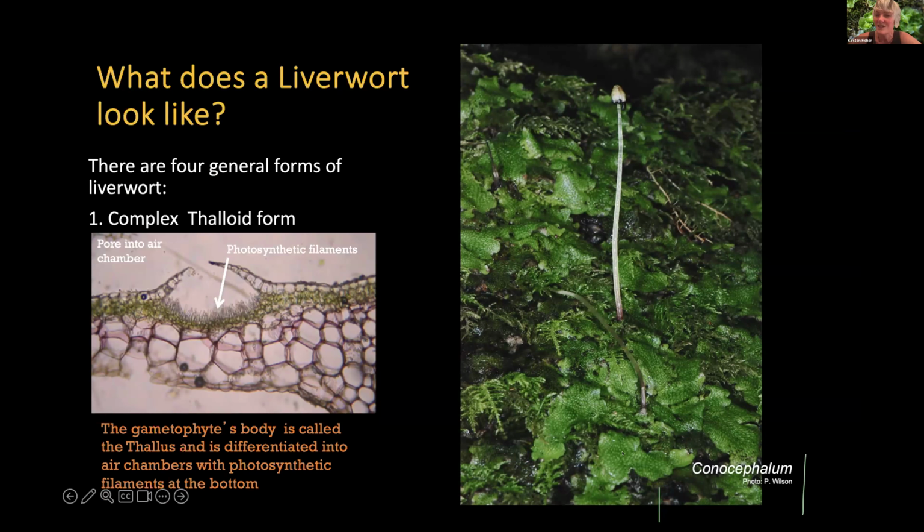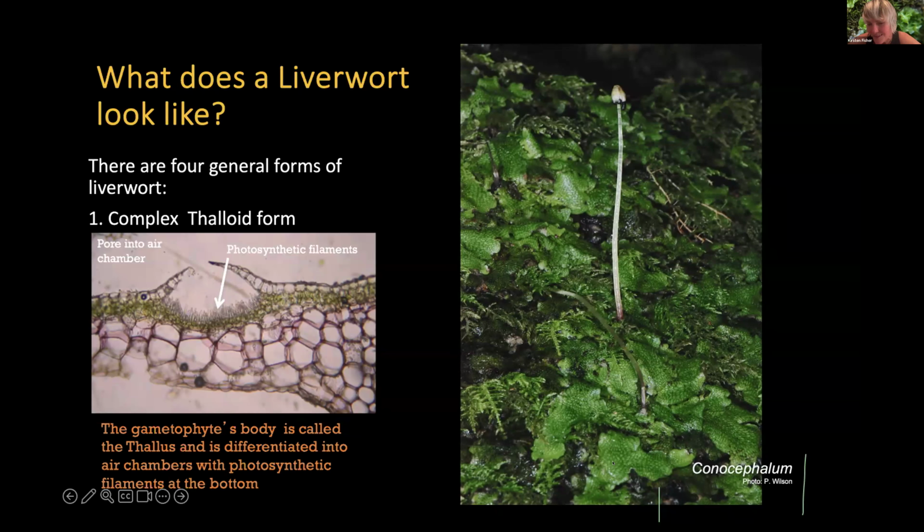They often have these dichotomous branches, and they grow fairly flat and stuck to the substrate. This is a cross section through a thallus of one of these guys. They have a multicellular thallus with little air pores and little chambers with photosynthetic filaments inside the chambers.